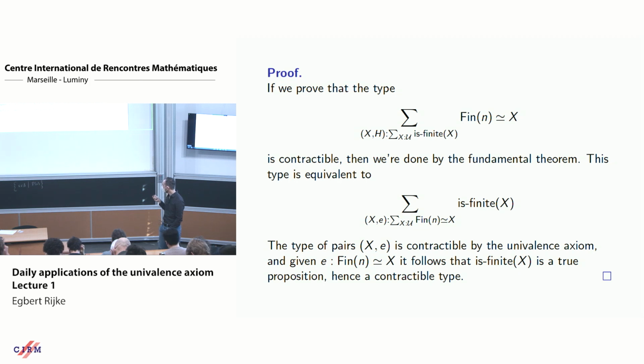But once I do that, I can say, here I have the total space of x in U such that fin n is equivalent to x. That's contractible because I know by the univalence axiom this is the identifications from fin n to x. And then once I have that, I'm left with is finite x here. If I know that x is equivalent to fin n, then of course it's finite.